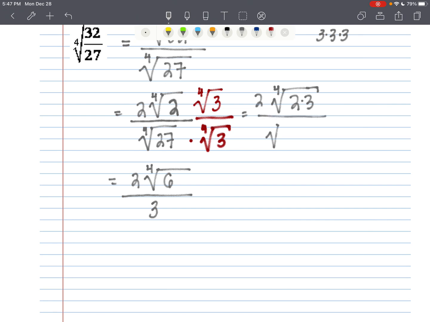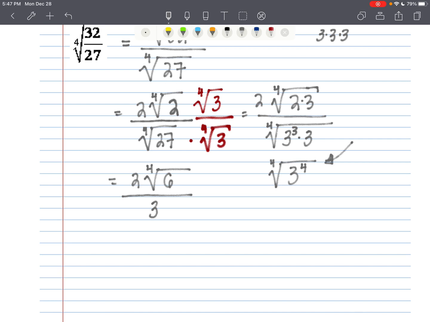And in the denominator, the 4th root of 27, which is 3 cubed, times 3 is 3 to the 4th. So I'm just trying to show you one more way. Look at that. The 4th root of 3 to the 4th is 3.